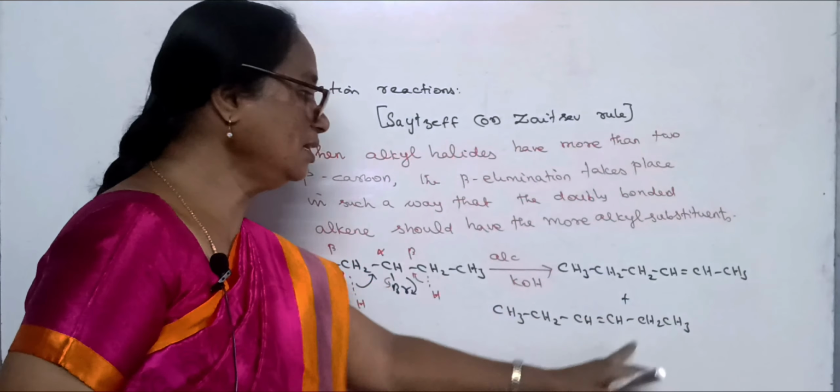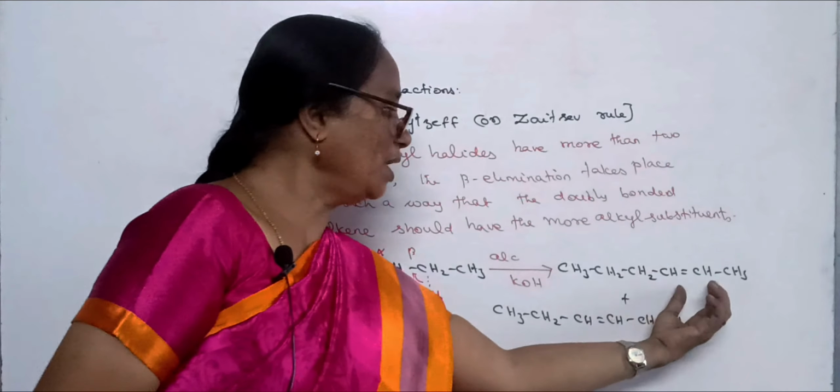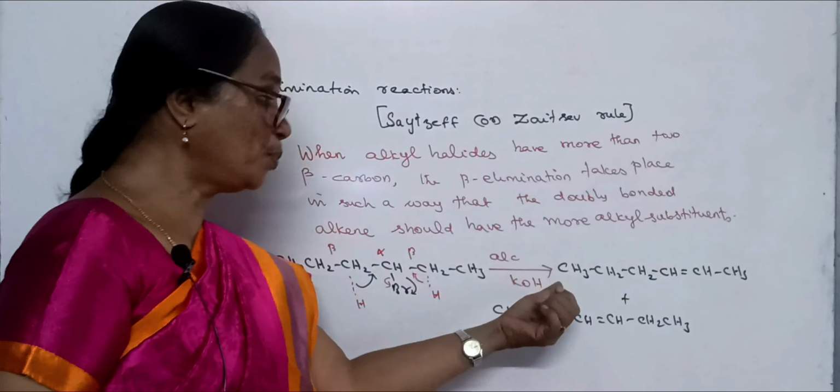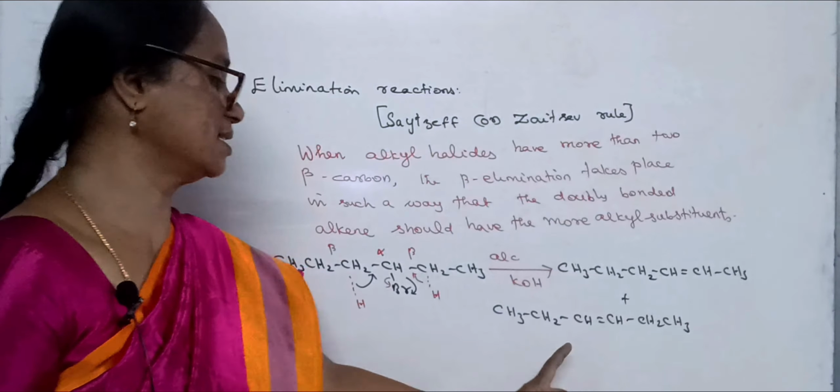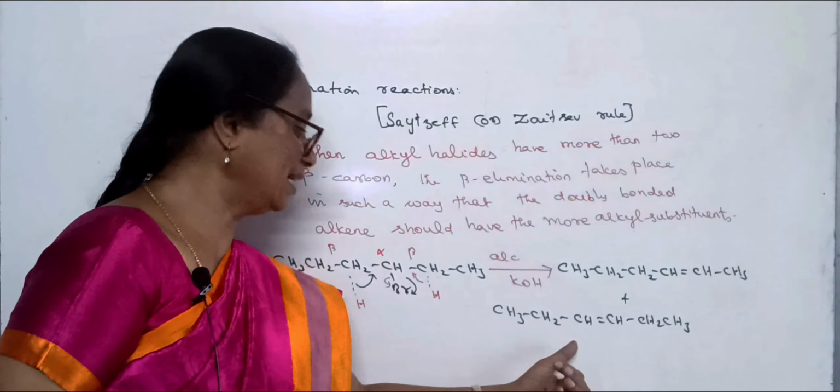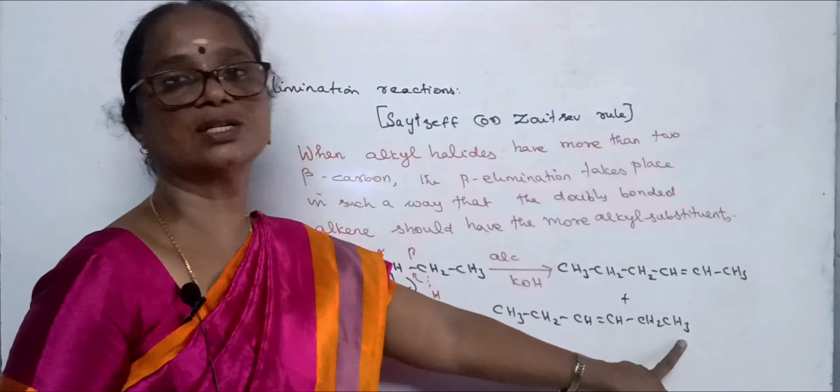By comparing these two products, in the first, the doubly bonded carbon has one propyl group and the other one is simply a methyl group. But in the next case, the doubly bonded carbon has an ethyl group and that side also has an ethyl group.